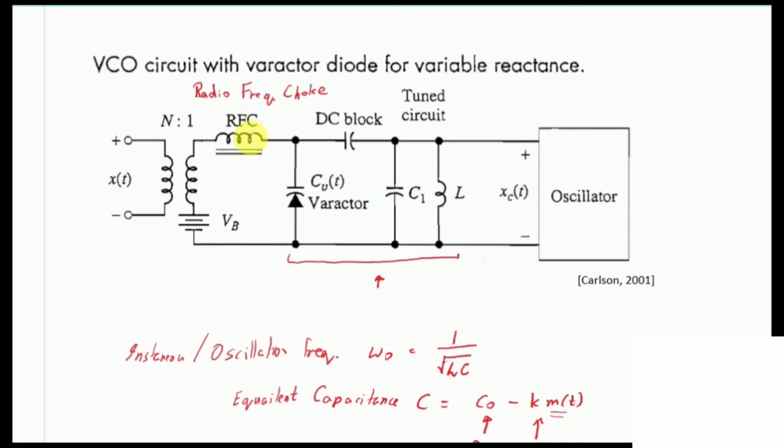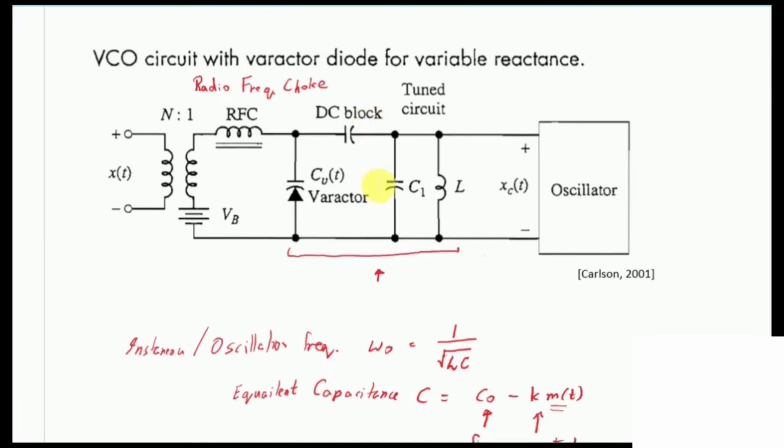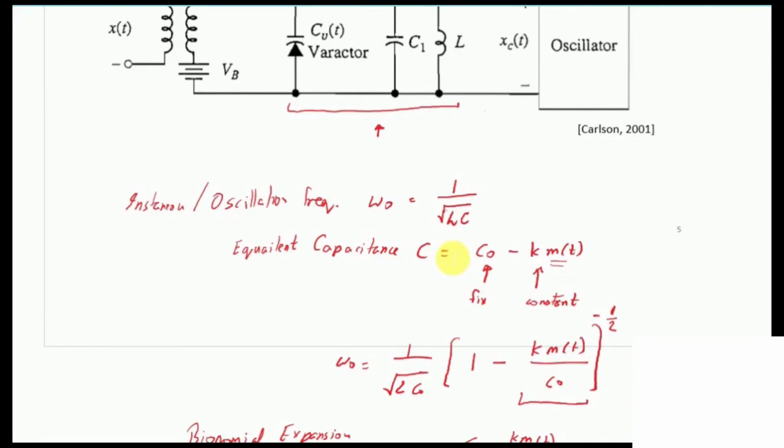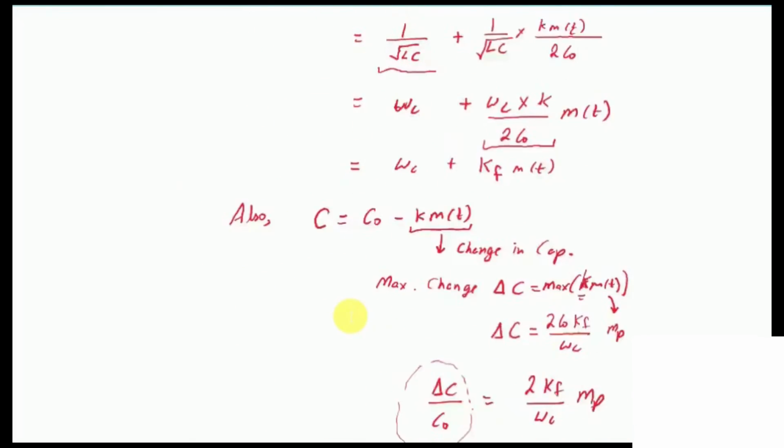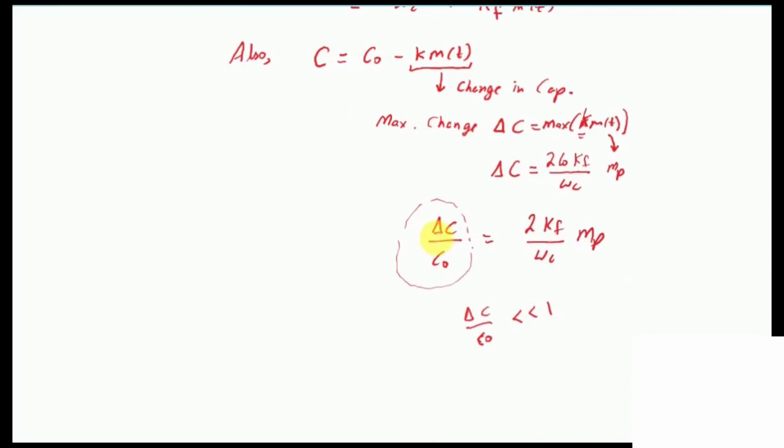We have removed the higher frequencies, we have regulated the low frequencies, and we have removed the average value, and based on that we have an equivalent capacitance, and from there we derived an expression for the instantaneous frequency omega naught, right? And the deviation in capacitance, and we have said that our analysis is valid for the condition that delta C by C naught is much less than 1.